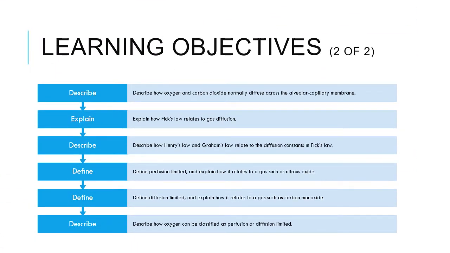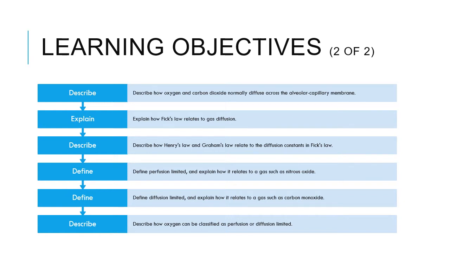Also, in this video, students will learn how to describe how oxygen and carbon dioxide normally diffuse across the alveolar capillary membrane, explain how Fick's law relates to gas diffusion, and describe how Henry's and Graham's law relate to diffusion constants in Fick's law.